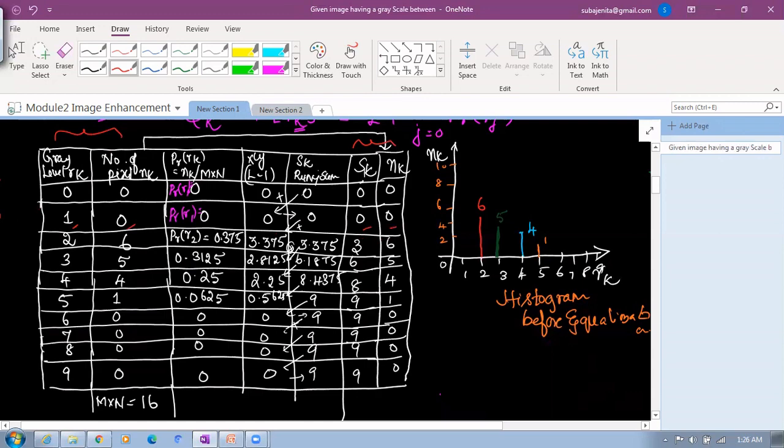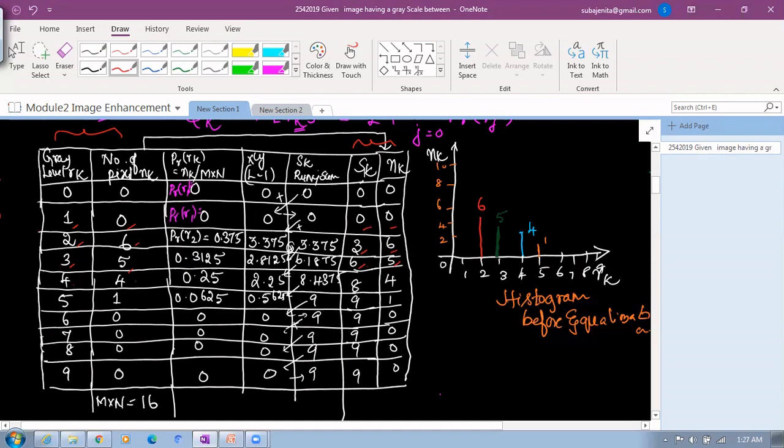And here 2 has occurred 6 times, whereas here intensity level 3 has occurred 6 times. And in the given image segment 3 has occurred 5 times, whereas here 6 has occurred 5 times. So intensity level 2 is replaced by 3 and intensity level 3 is replaced by 6.